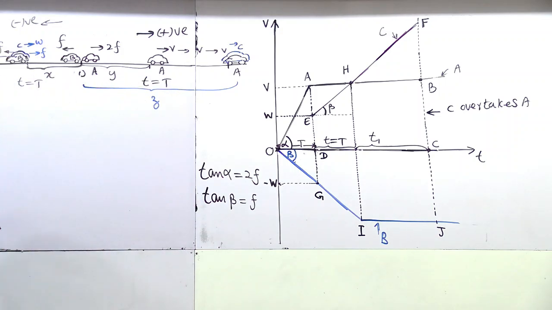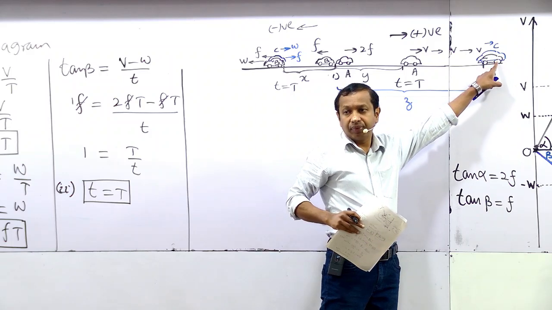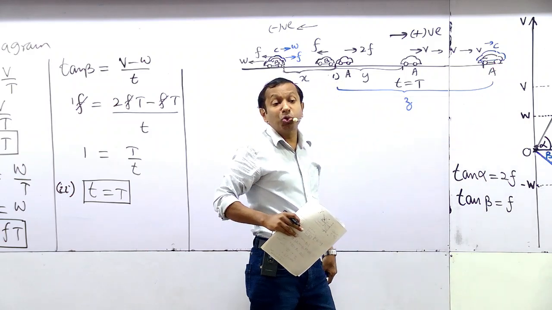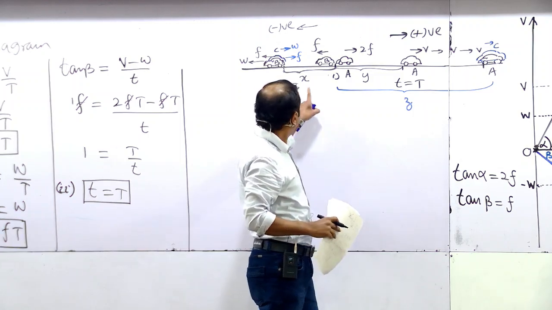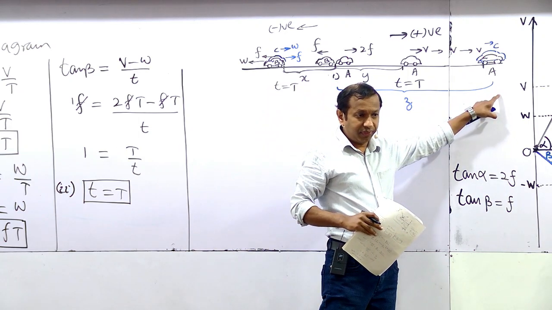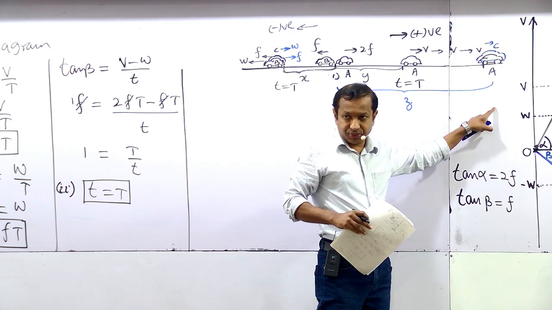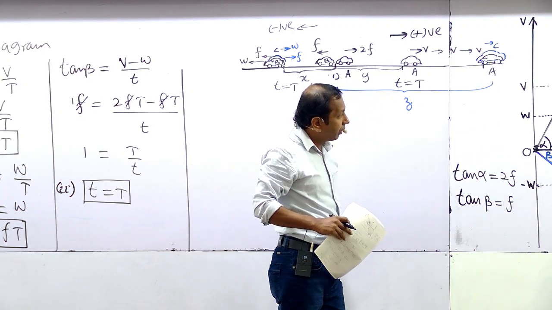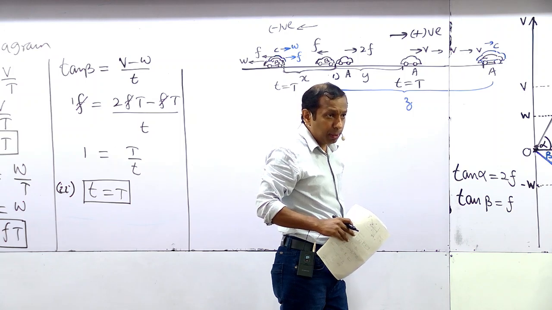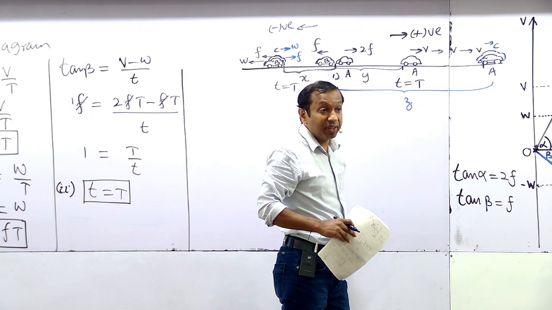Right, people, now, in this diagram, I have marked. When this C overtakes A, the distance moved by C, what? Here X, here Z. Understand? Distance moved by C should be X plus Z. Understood? Can somebody tell me, when C overtakes A, that distance moved by C is given by a particular area?